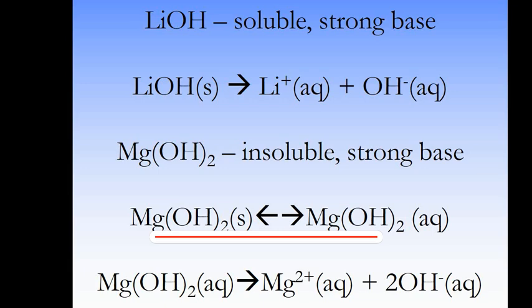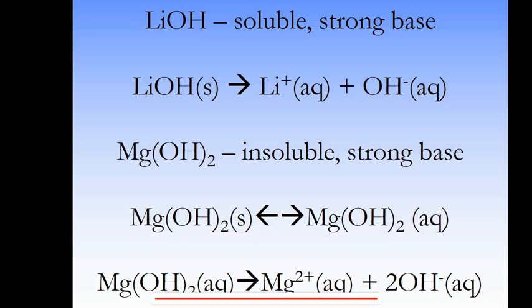Most of it won't dissolve. In fact, very little of it does, and that's what makes it insoluble. Now, a tiny amount does dissolve. So that first equation represents the fact that a little bit of the solid magnesium hydroxide does dissolve: magnesium hydroxide solid, reversible arrow, magnesium hydroxide aqueous.